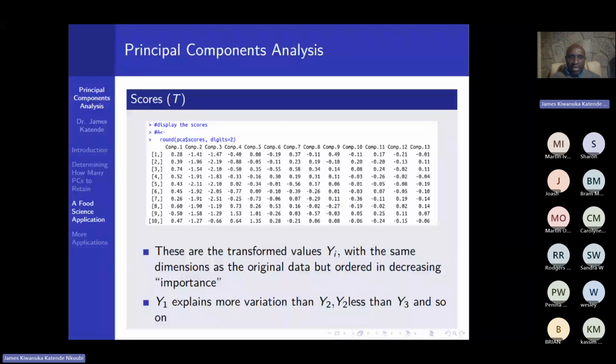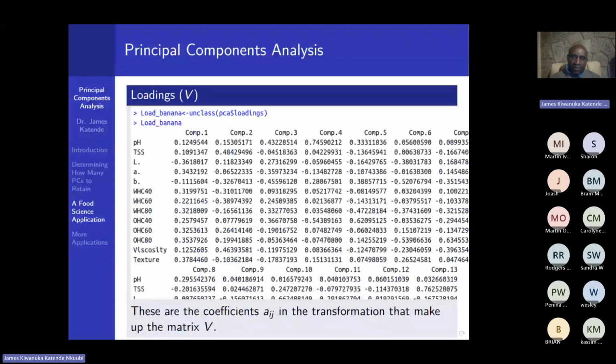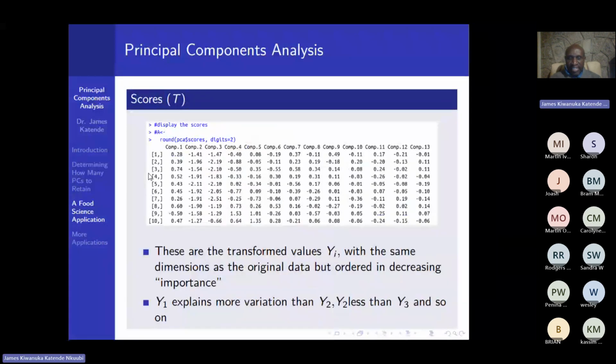If you extract this matrix and multiply it with the scaled data, on the right side of the scaled data, you should end up with this new data. So these are the new variables after transformation, and each of them is uncorrelated.